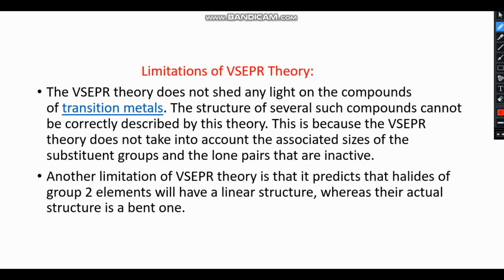But in the actual sense, when you look at that shape, it is a bent shape. So this theory predicts that it's linear, but the actual shape is a bent one. So this is another limitation that the theory has, and it fails to predict this correctly.